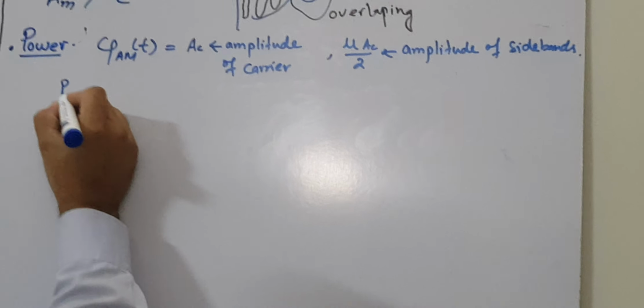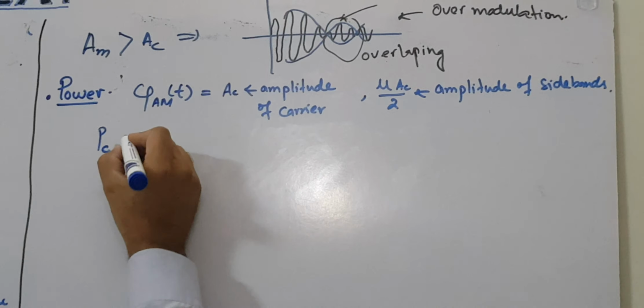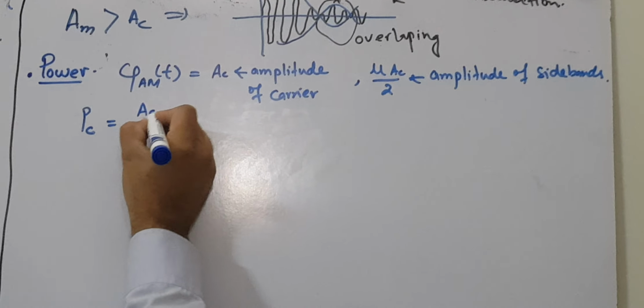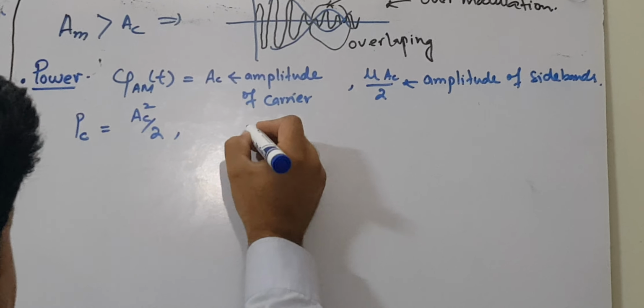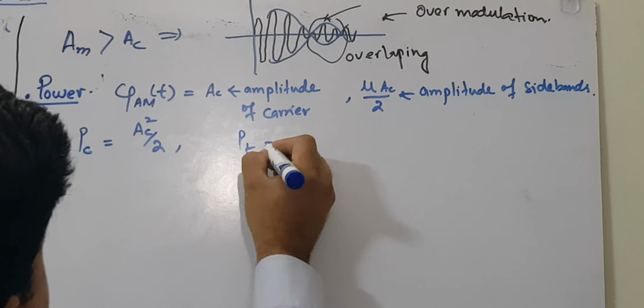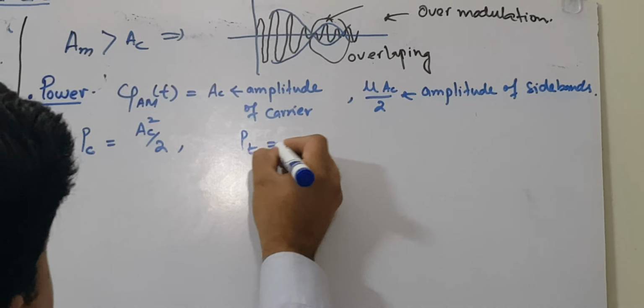So what is the power of the carrier? The power of the carrier is Ac square divided by 2, and we know the total power is equal to the power in the carrier plus the power in the sidebands.